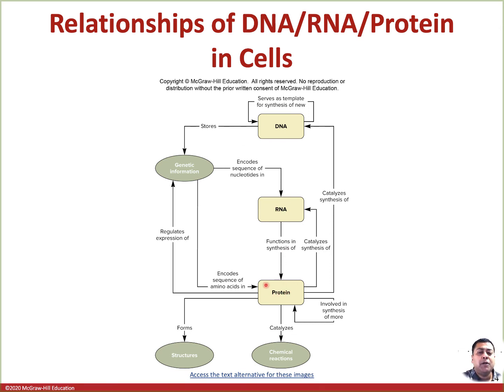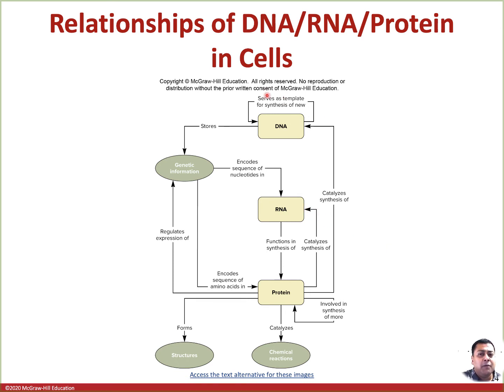Once the protein is produced, these proteins can be enzymes, which do different functions. One of them catalyzes the synthesis of DNA. For example, the protein can form DNA polymerases, which will synthesize the DNA. The protein will also catalyze the synthesis of RNA, so the RNA polymerases will synthesize the RNA.